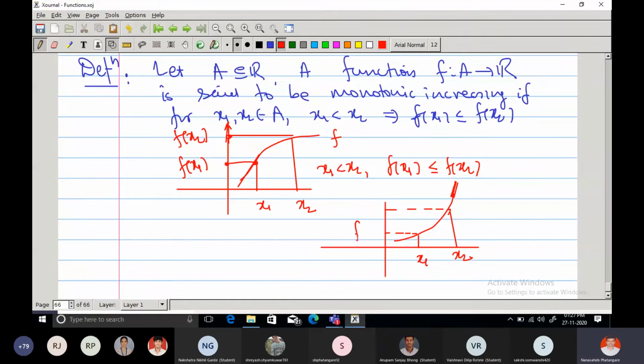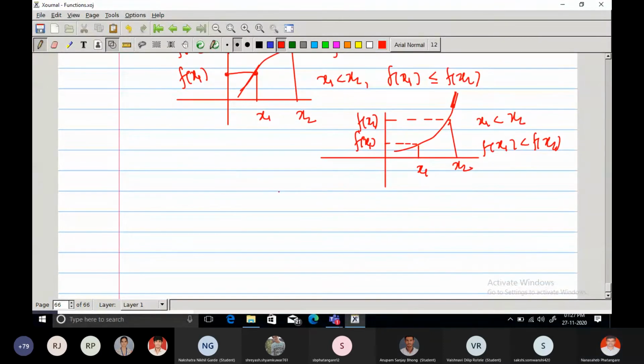Here also x1 is less than x2 and f of x1 is less than f of x2. So both of these graphs are graphs of increasing functions. Now if you look at f of x equal to sine x, is it an increasing function?